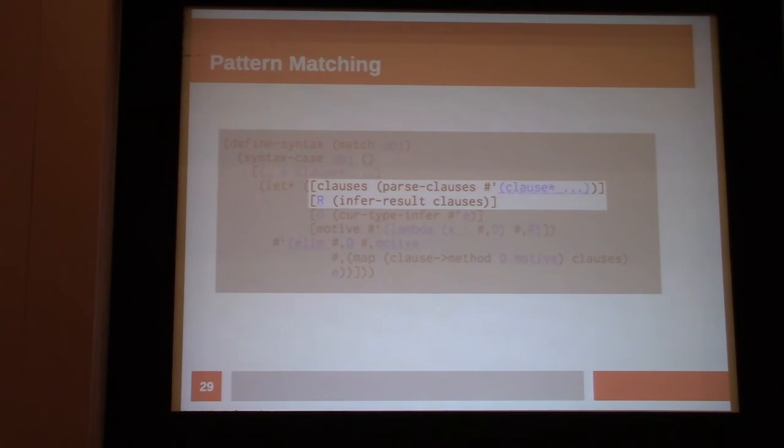To compute the return type, the first thing we need to do is parse all of these clauses and do things like annotate all the pattern variables and figure out how to transform those recursive function notations into a reference to that inductive variable. And so that will be a little bit more magic that I'll come back to. But once we've parsed all those clauses, then we can look over the branches and infer the result type.